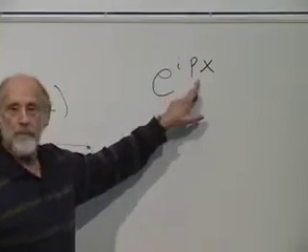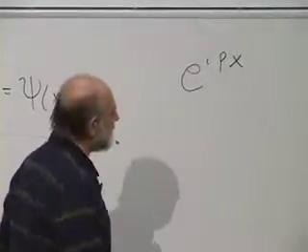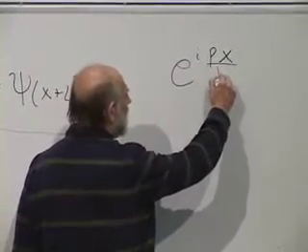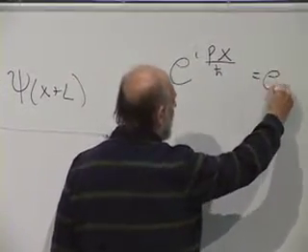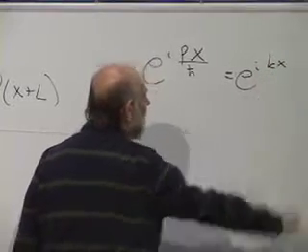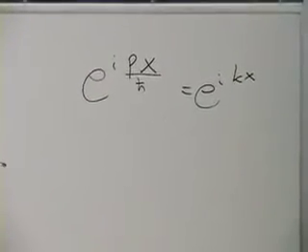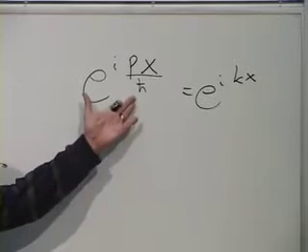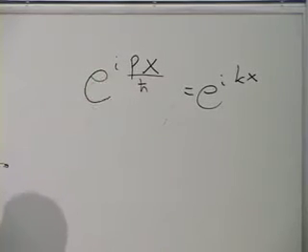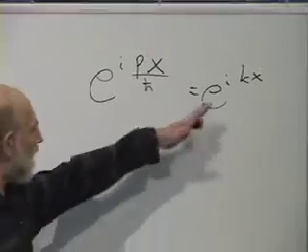I'm missing the h bar in the denominator. We often call that e to the i k x, where k is just momentum divided by h bar. I think I'll use the k notation. Or you can simply work in units where Planck's constant is equal to 1, and then k and p are the same thing.